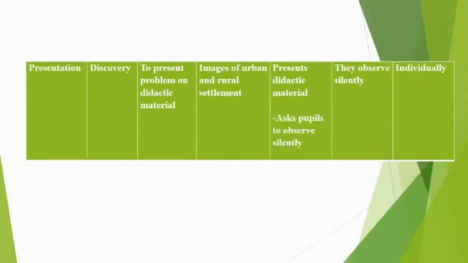We go to presentation, which is another big stage. And in this presentation, we have discovery, as we earlier said. At the level of discovery, the IPO here is to present a problem on didactic material.